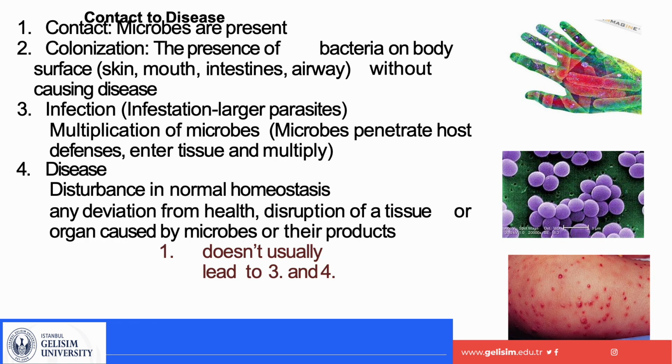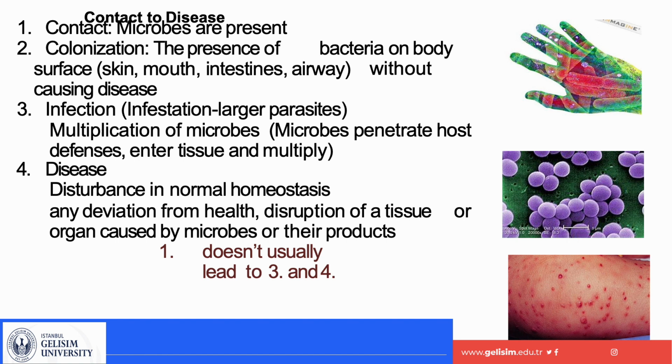Contact to disease refers to the progression from the presence of microbes to the development of a disease. Contact occurs when microbes are present, while colonization refers to the presence of bacteria on the body surface without causing disease. Infection occurs when microbes penetrate host defenses, enter tissue, and start to multiply.